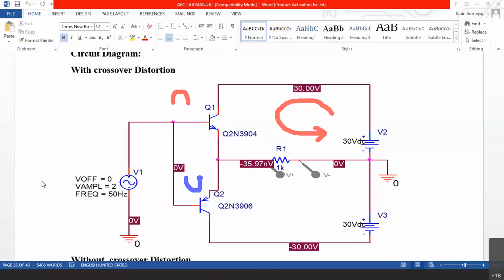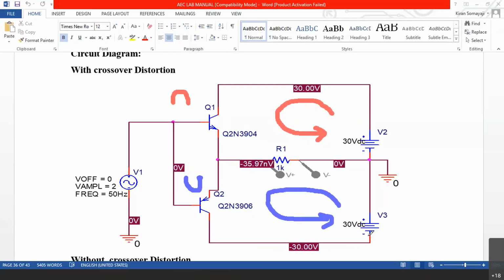Now in the negative cycle, Q2 conducts and the current flows in this direction from the lower power supply through R1 back to V3. So you can see in both the cycles, the conduction of current across R1 is in opposite directions, corresponding to the positive cycle and negative cycle.